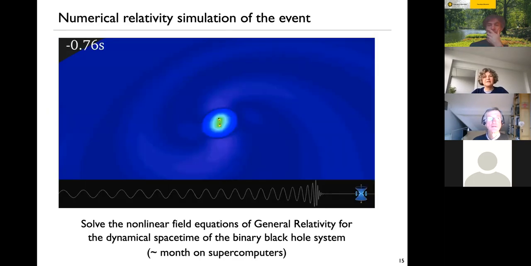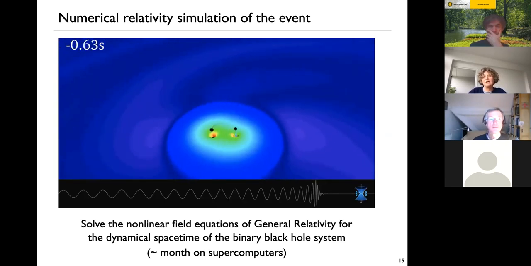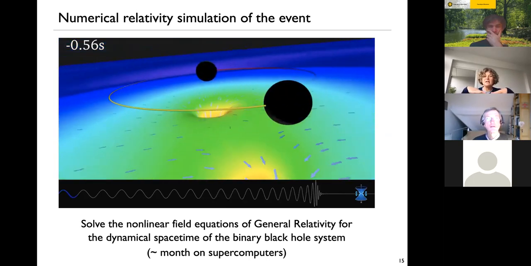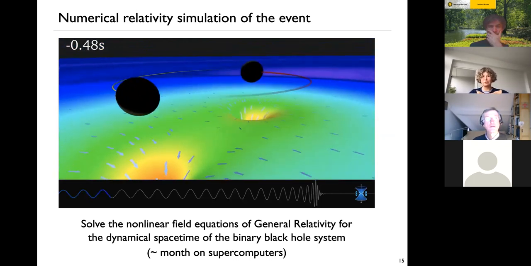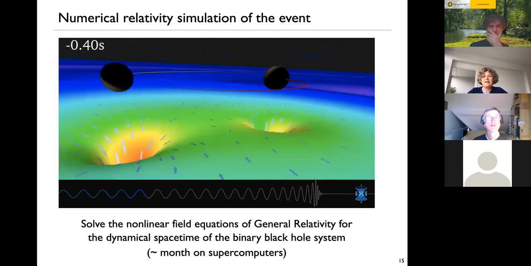And to better understand all of this process and what was happening to the space-time curvature, I'm showing you here a numerical relativity simulation that was made of this system. On the bottom, you see an indication of a quantity that tracks the curvature of space-time, not exactly, but it gives an indication.